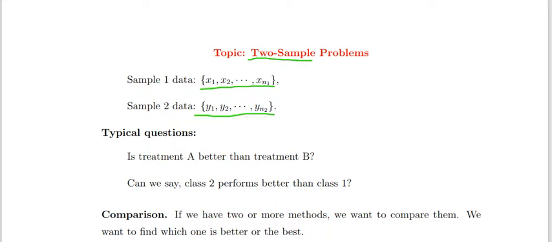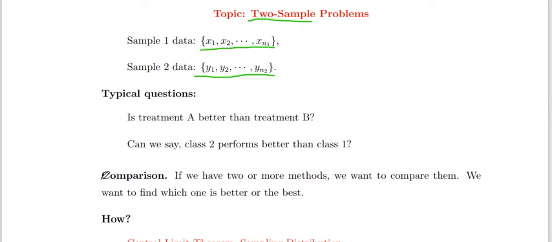Once we have two sets of data, a typical question is to compare. So we can say our second topic in statistics is comparison. If we have two or many, we need to compare: which one is better, or which one is the best if we have many.